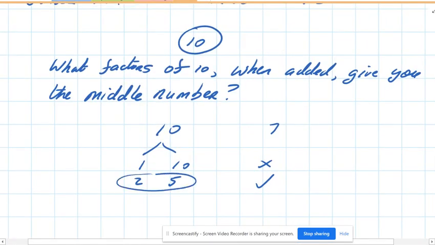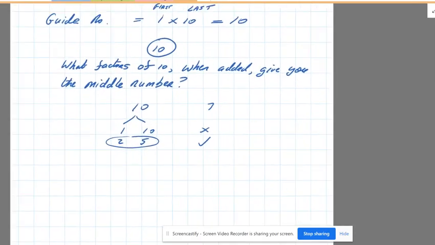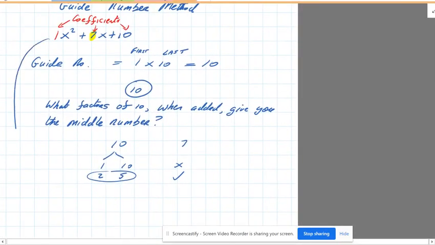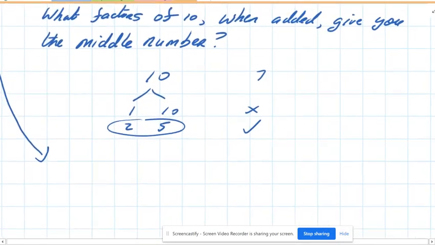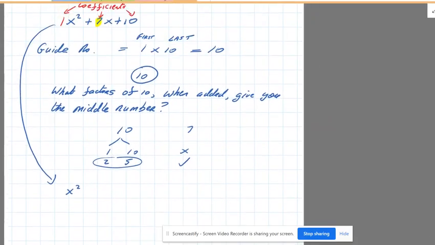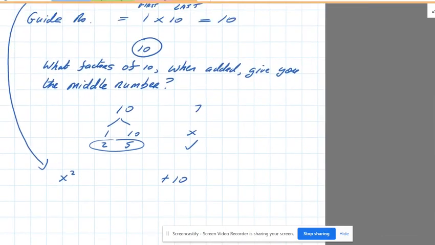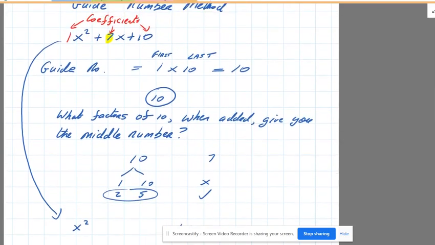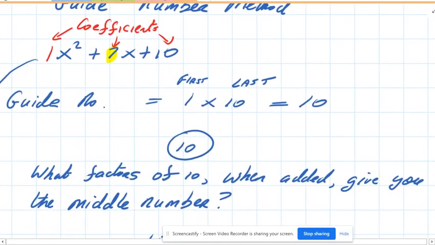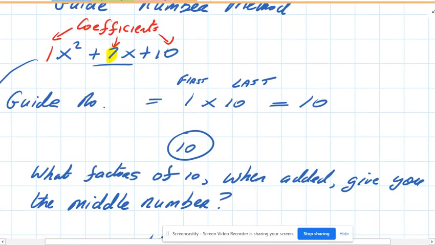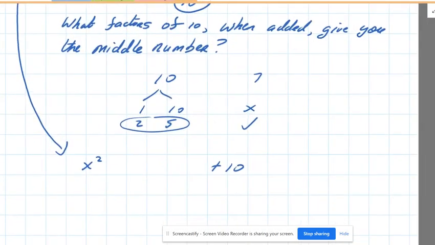We pick these two. Now what comes next? You rewrite this. Bring it down here. You rewrite as, leave the x squared as it is, and leave the one at the end as it is, which was plus 10. And now the 7x in the middle, you break that up into its two parts that we just found out, which is 2 and 5.